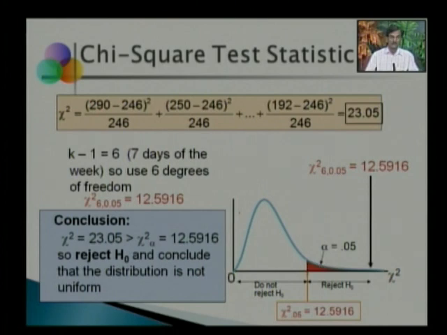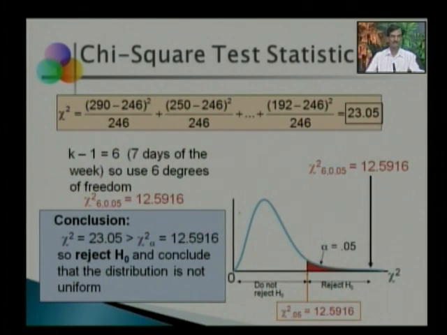So the table value of chi-square for 6 degrees of freedom and at 5% level of significance, that is the tabulated value, is 12.59. And from the graph one can see that if the chi-square value calculated from the data, that is 23.05, falls below that chi-square table value, then the hypothesis is accepted; otherwise it is rejected.